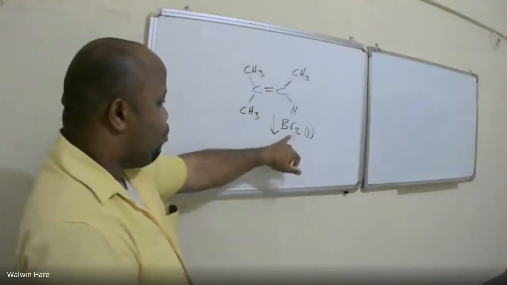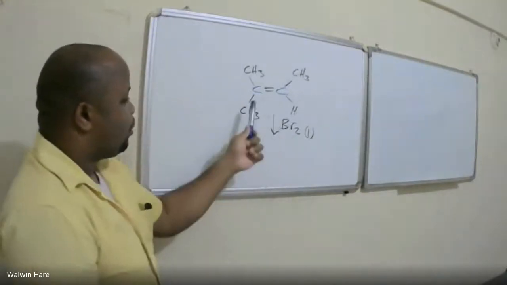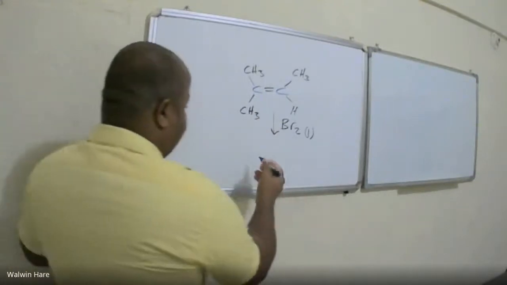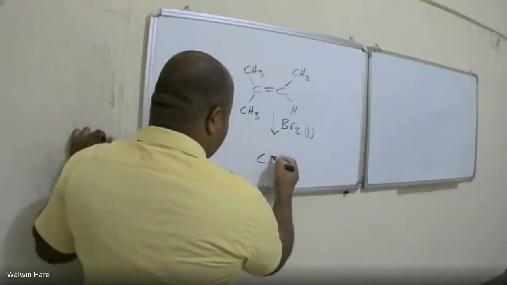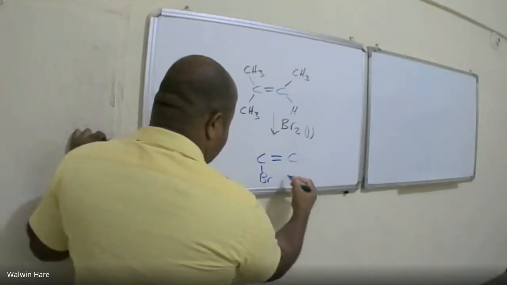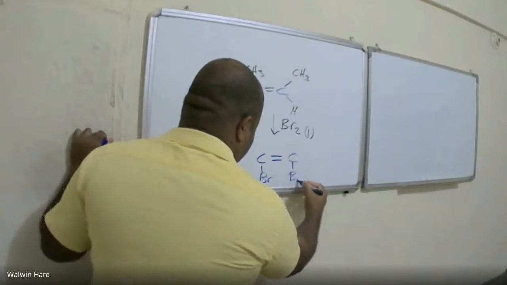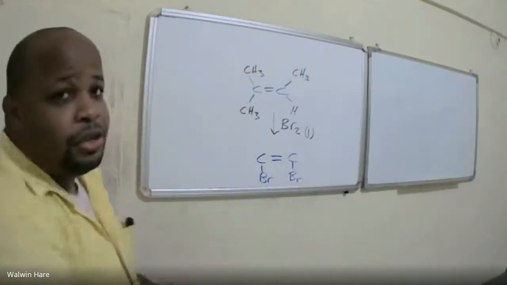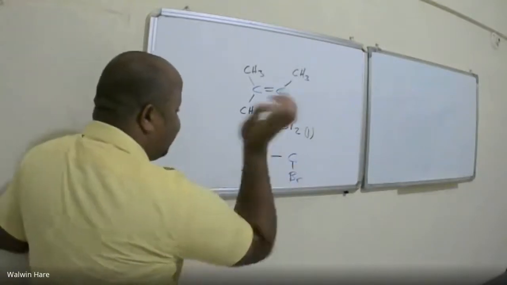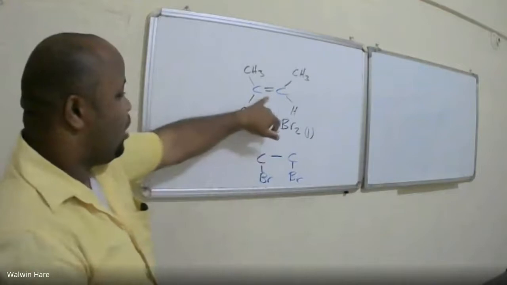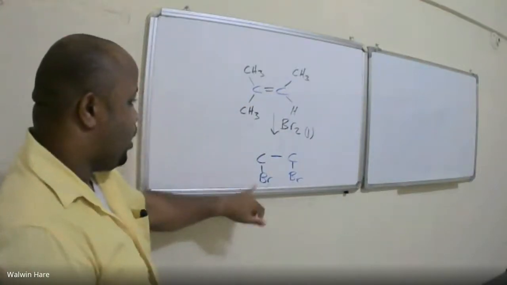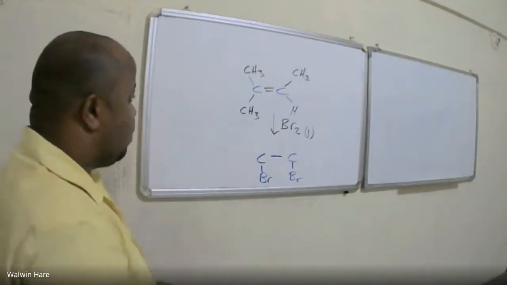So if you're adding bromine, both of them should go to each carbon of the double bond. Right? Everything else in the structure will stay the same. All we're doing is breaking the double bond and adding two atoms of bromine. So everything else will stay the same.